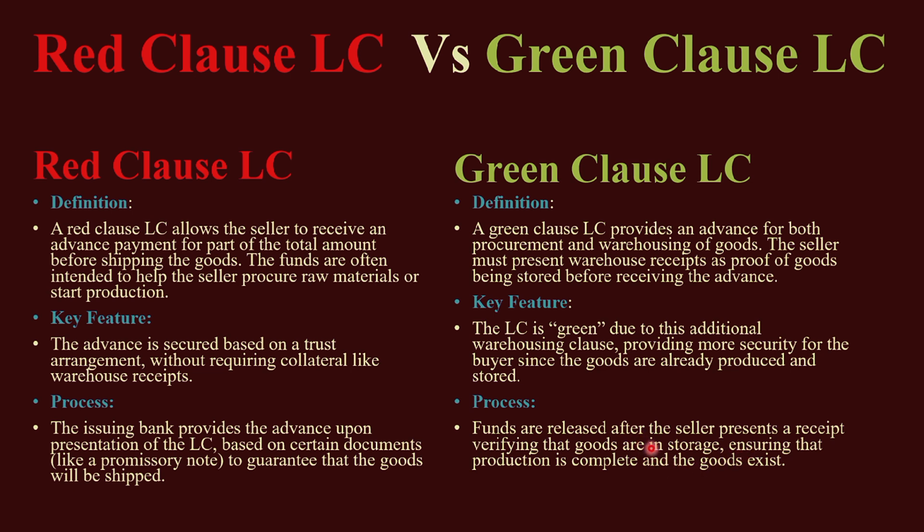This is an additional step or additional security. So, in the case of red clause LC, there is no additional clause like warehousing, while in the case of green clause LC, the additional clause of warehousing is added.